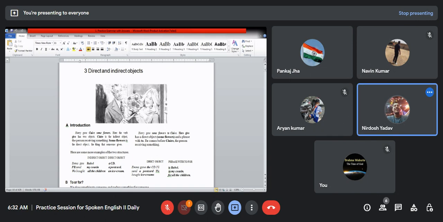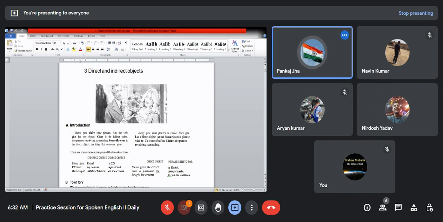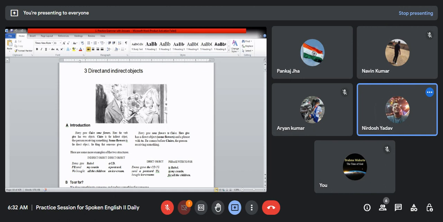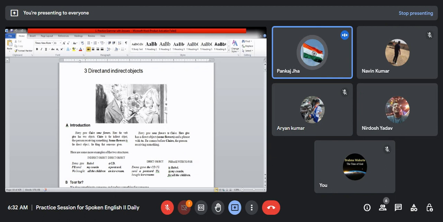Actually, the introduction part is saying that here you saw both sentences. The first paragraph sentence is Henry gave Claire some flowers, and the second paragraph, Henry gave some flowers to Claire. Means the thing is the same, but the sentence is changed with the help of to.